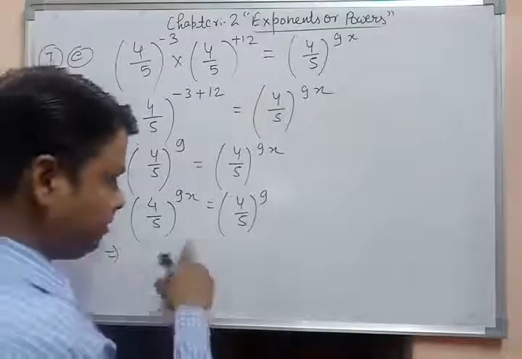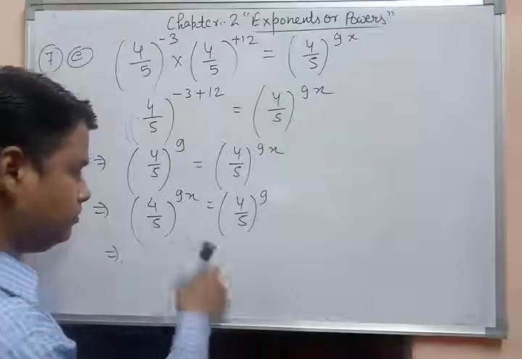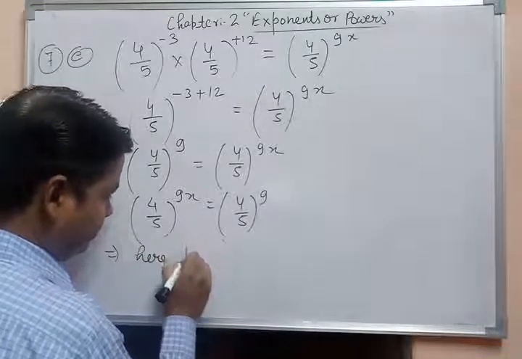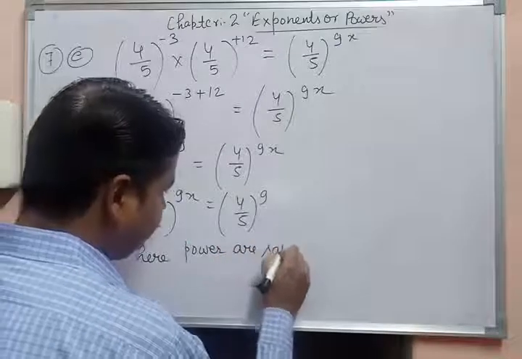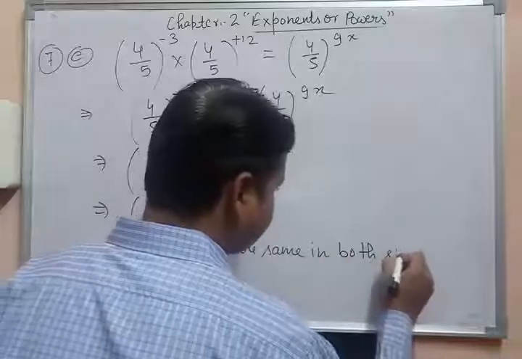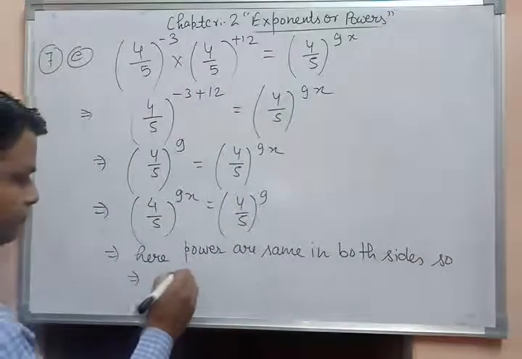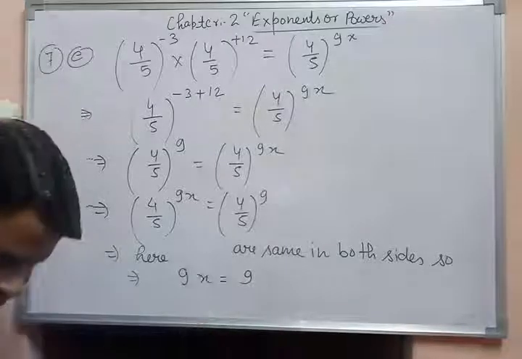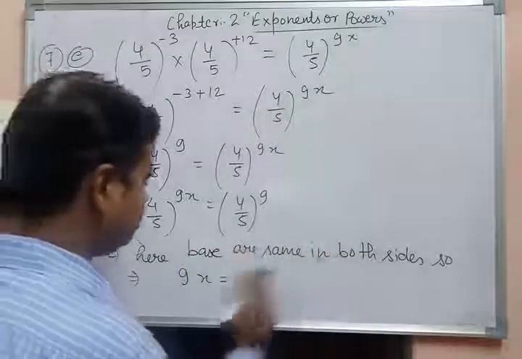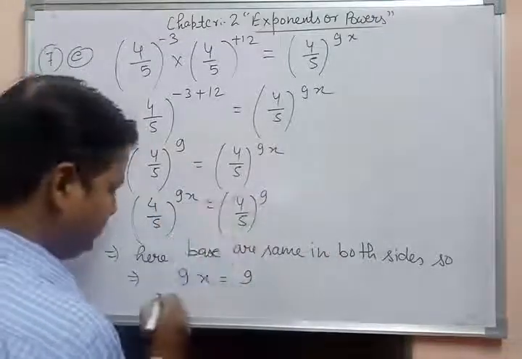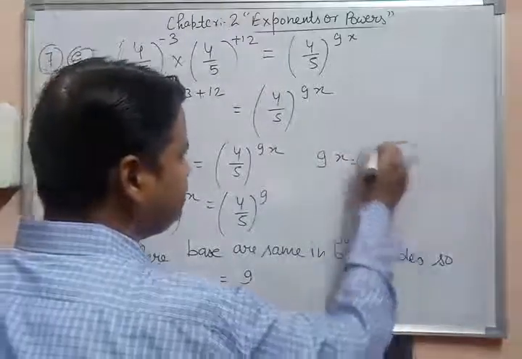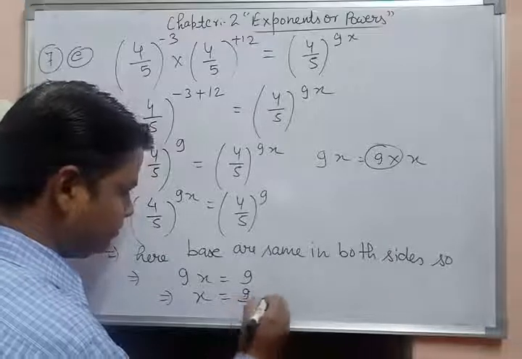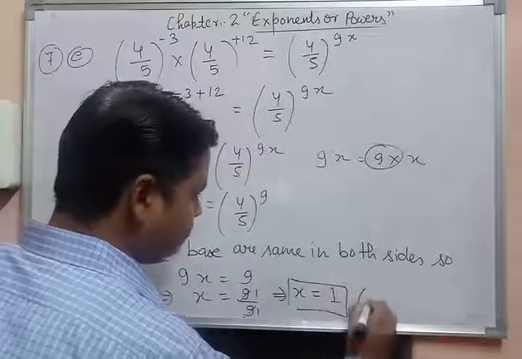If you want to write the line which I wrote in the previous solution, then you have to write: bases are the same on both sides, so the powers are also equal, that is 9x is equal to 9. 9x means 9 multiplied by x, and this 9 will be shifted by the operator divide, that is x is equal to 9/9, then we get x is equal to 1. So this is the answer.